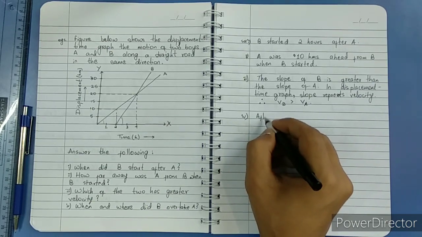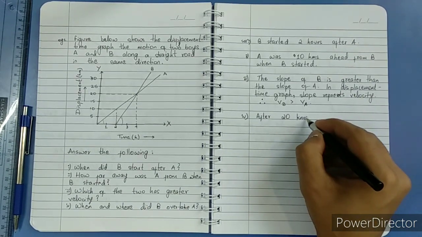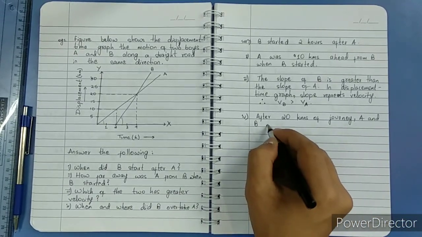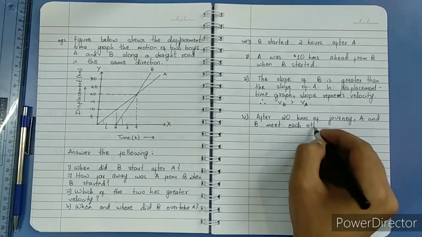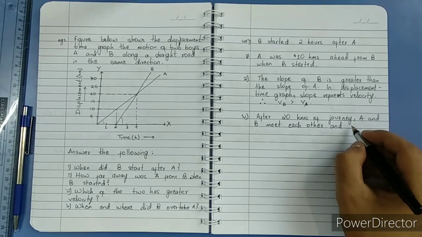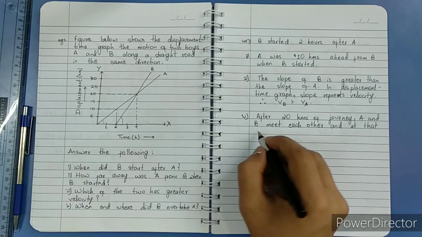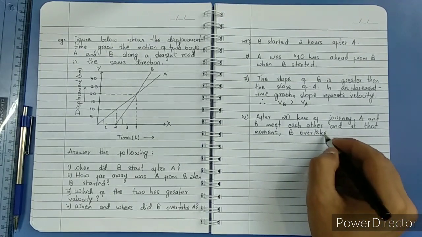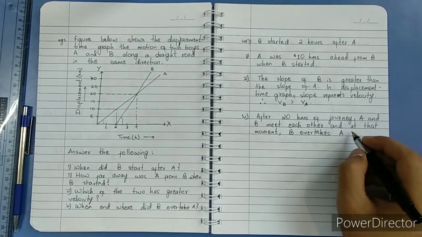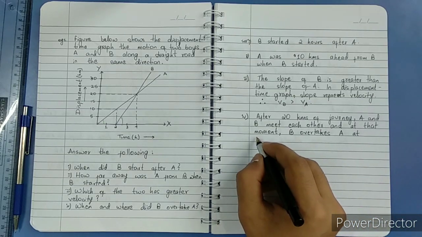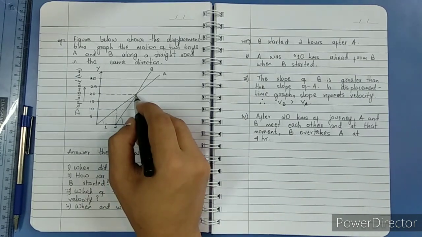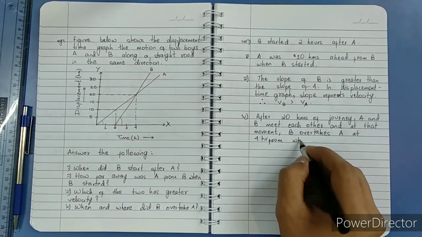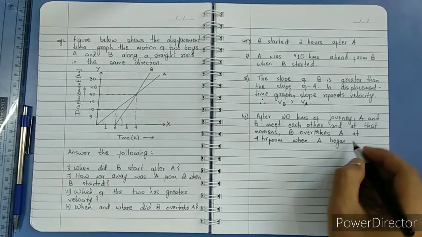So after 20 kilometers of journey, A and B meet each other, and at that moment B overtakes A at 4 hours, because this overtaking takes place 4 hours after A began its journey.